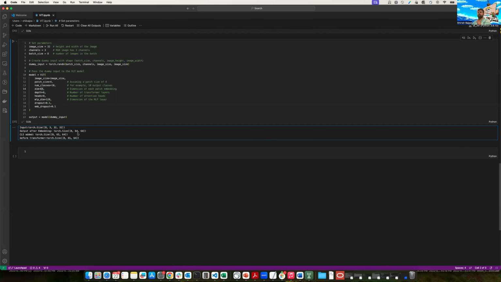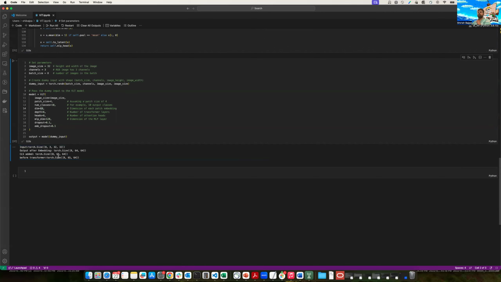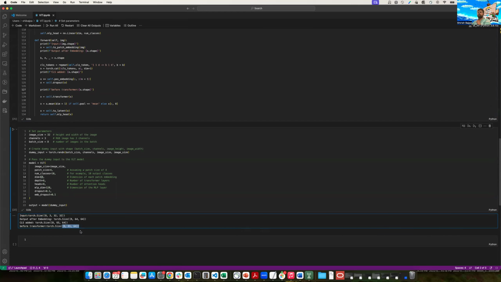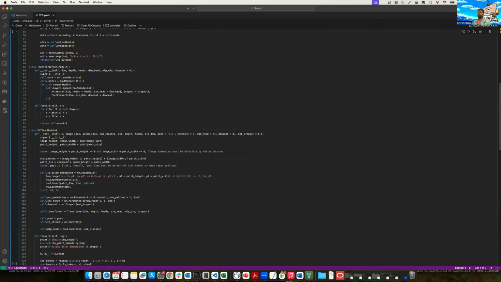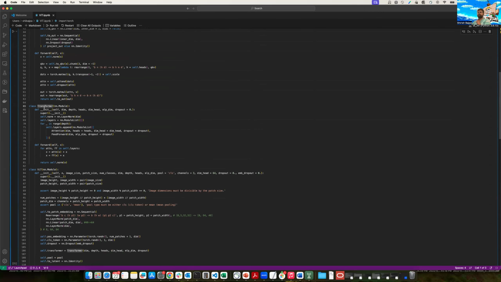We have converted the original image into an embedding representation, and we have added the CLS token. After that we have also added position embedding. Now after all this, before passing to the transformer, this is how it looks. Now let's quickly go to the transformer module.